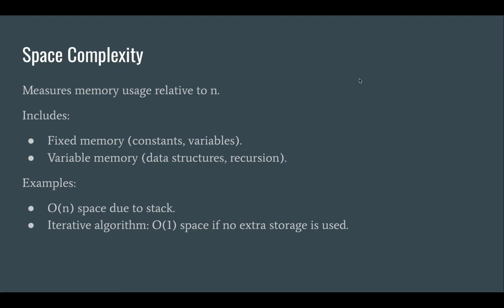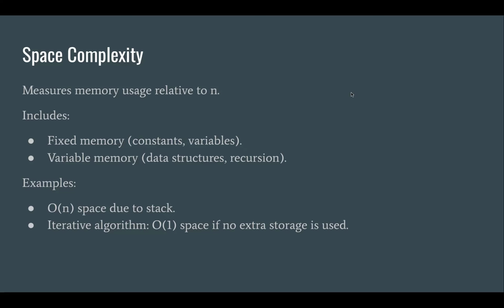Space complexity. It is very similar to time complexity, but space complexity measures how much memory an algorithm uses. Space complexity includes two parts: fixed memory like variables and constants, and variable memory like dynamically allocated structures or recursive calls.